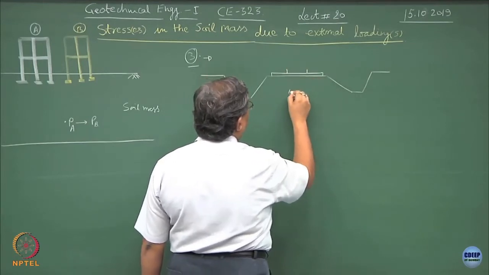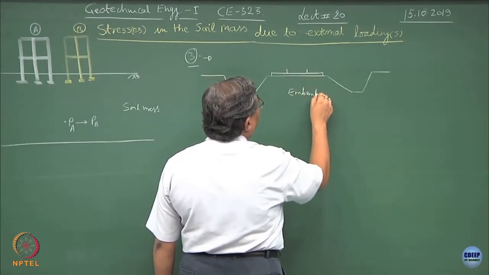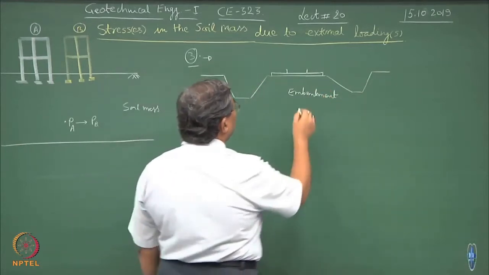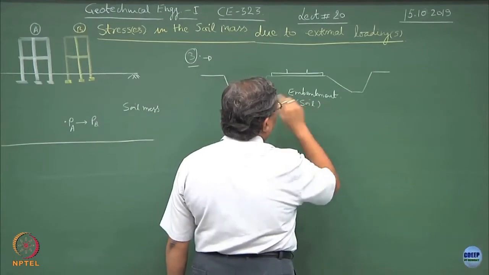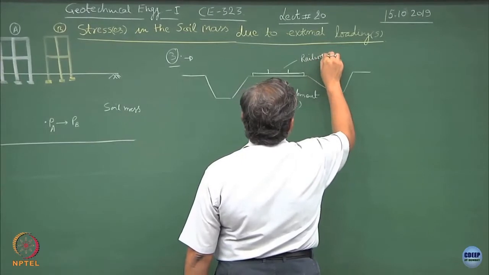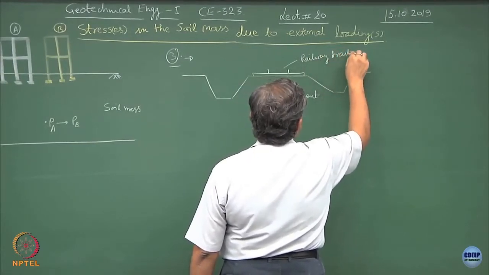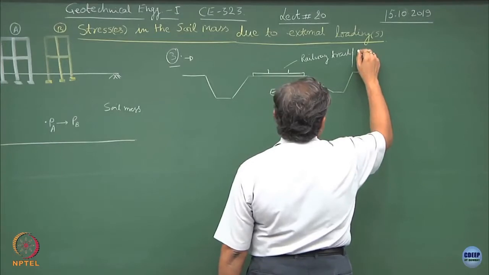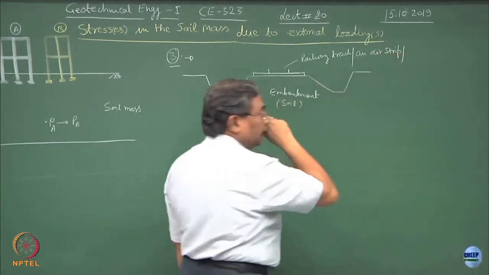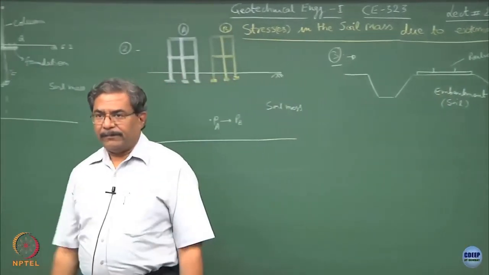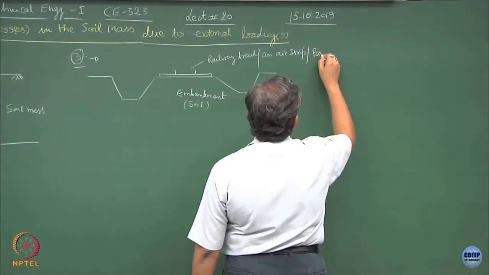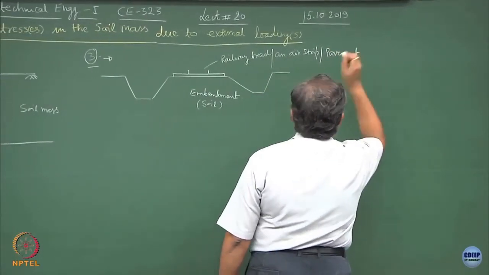It is an embankment made up of soil, and this is the railway track. It could be an airstrip also, or this could be a highway, a pavement. Alright.